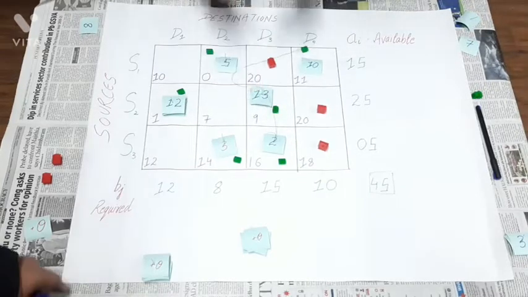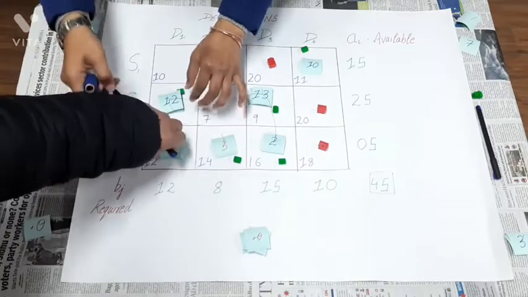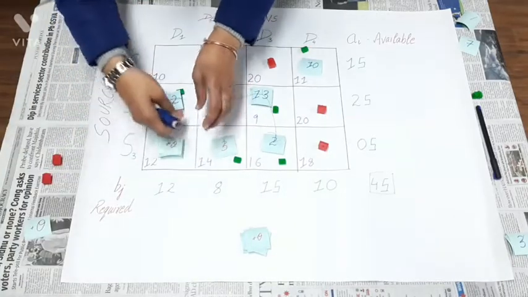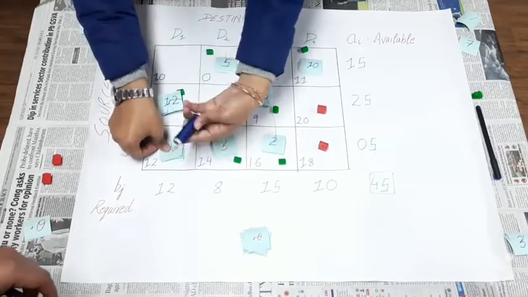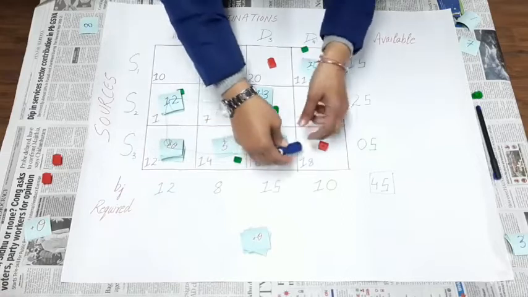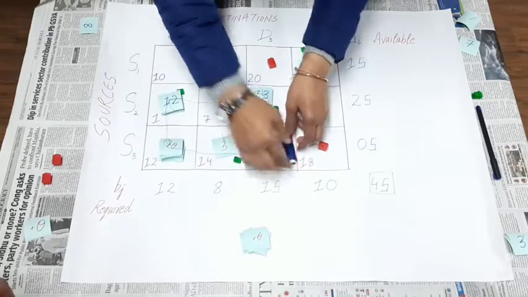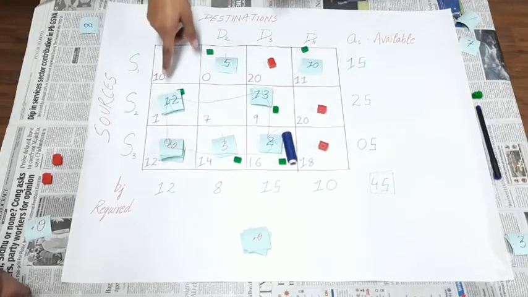13, 12, and theta is added in this position, forming a closed loop. As explained earlier, plus theta, minus theta, plus theta, minus theta.